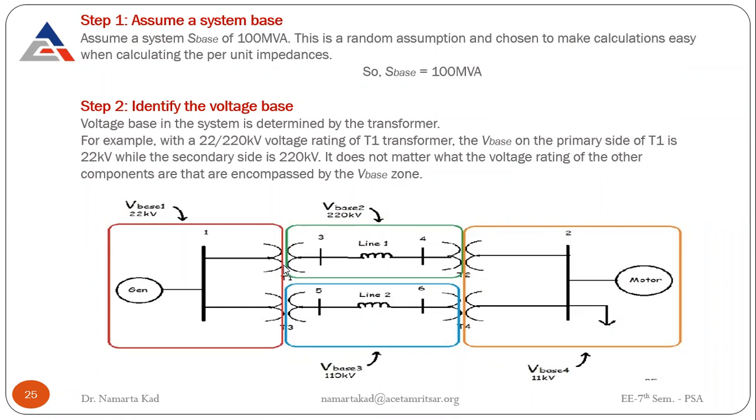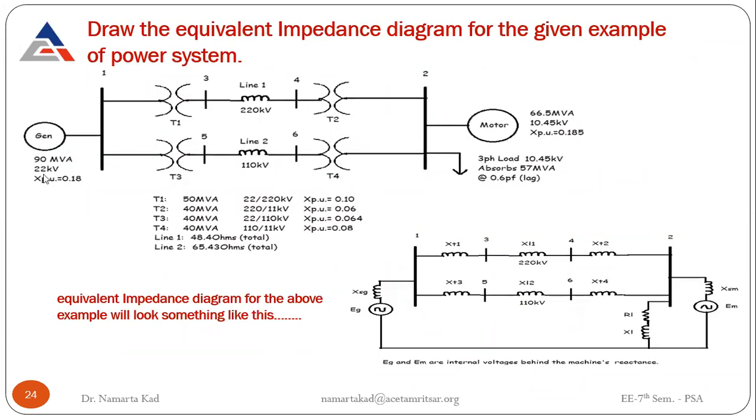Now the next step is step number 2, identify the voltage base. The second step is to select the base voltage. The base voltage is selected section wise. For this side of the system, we are selecting one base voltage, for this side a different one, and for this side another. Here the voltage is 22 kV.